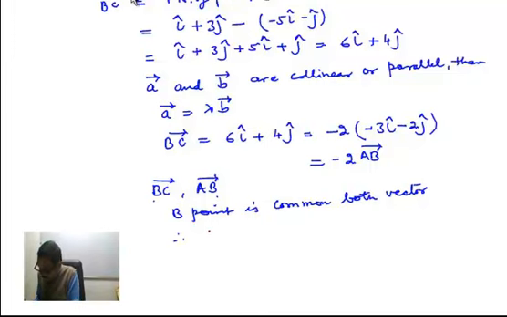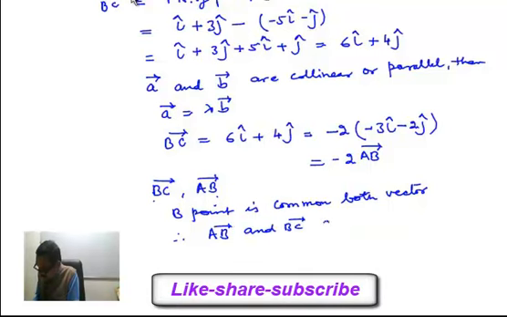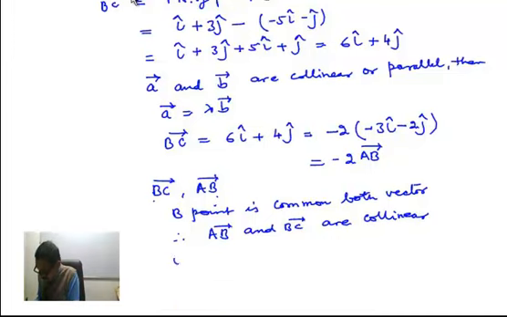Therefore, AB vector and BC vector are collinear. That is, A, B, C are collinear points. They lie on the same line, and this is what we were to prove, hence proved.